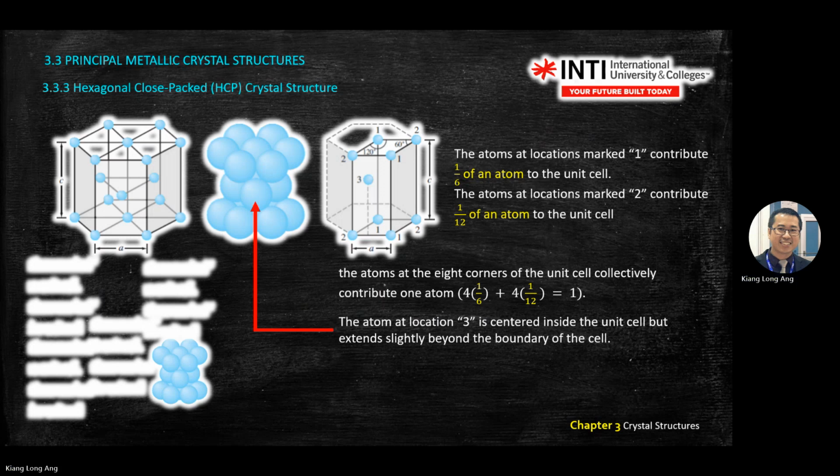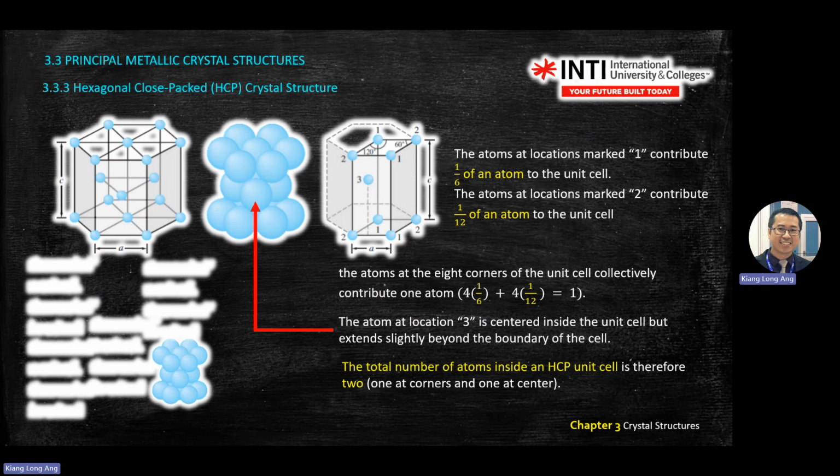Okay. Atom coordinate 3, this one is at the center inside the unit cell, but extends slightly beyond the bounded unit cell. So number 3 is centered within this one. So total number inside the HCP cell is 2. So for HCP, it's 2 atoms.